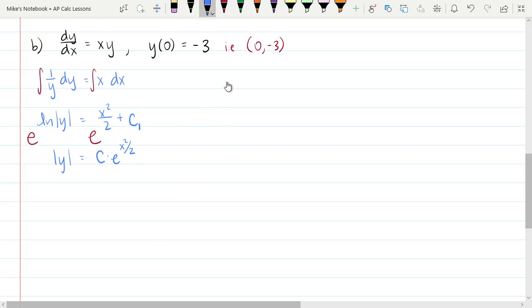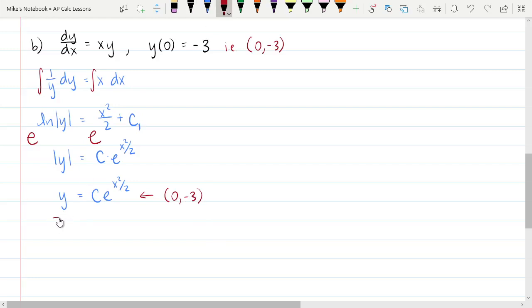All right, so now we're going to go ahead and use our initial condition. So now I am going to go ahead and rewrite this as just y equals. And remember, the reason that I don't need the absolute value is because the c is going to absorb whether that y value should be positive or negative. So this is what I'm going to substitute into now. So now I'm going to use my initial condition of 0 comma negative 3.